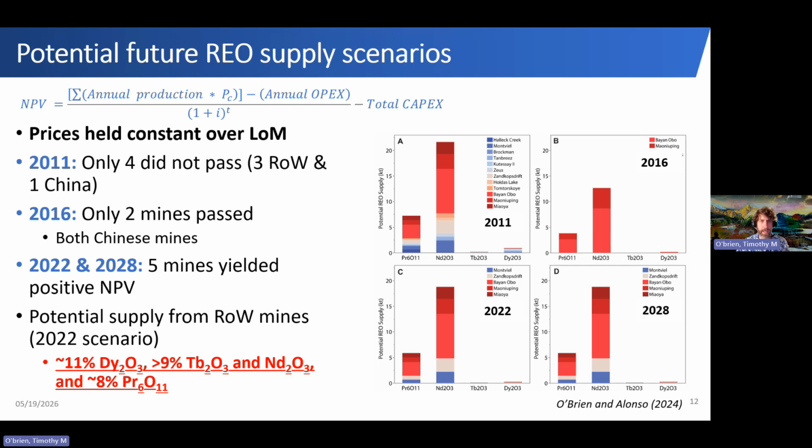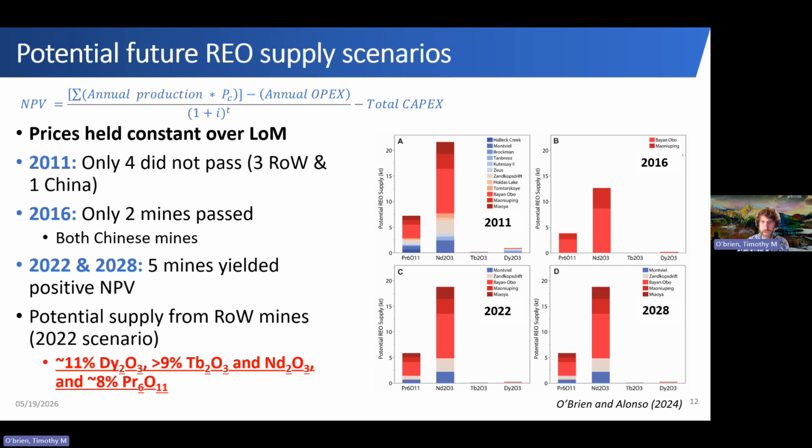If a project had a net present value of greater than 0, that project was able to advance. And if it was less than 0, it was not. And so over here on the right is the result of those calculations.